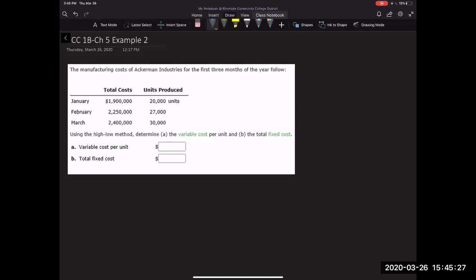So maybe go back to slide number 15 so you can understand what our formula is, but if not, I will also go ahead and write it here. Our overall formula is total cost equals our variable cost plus our fixed cost.